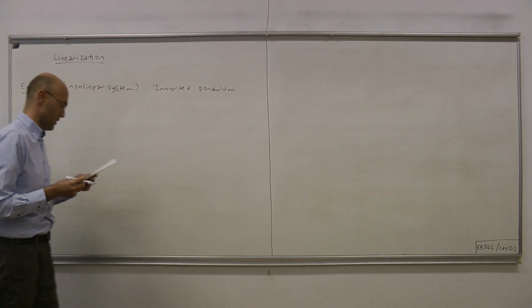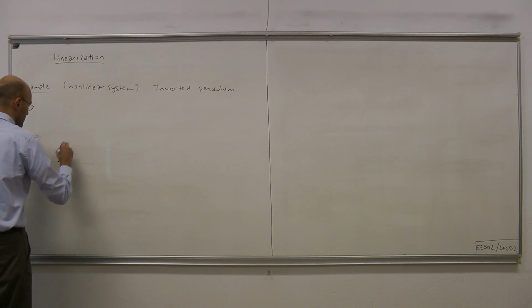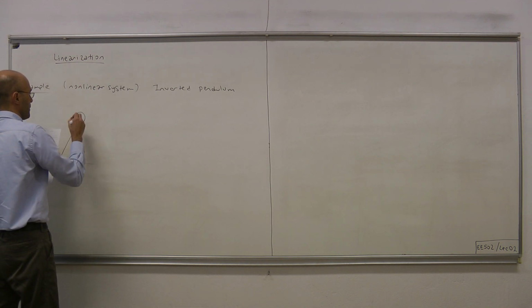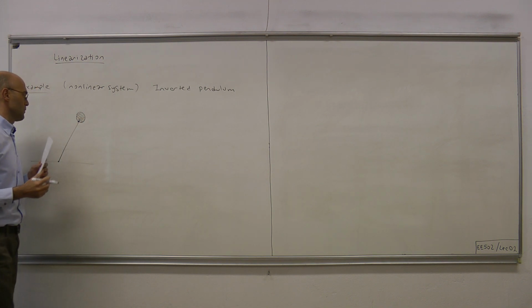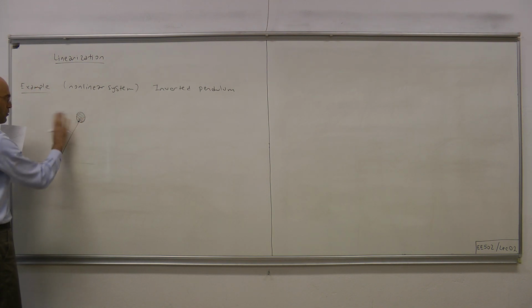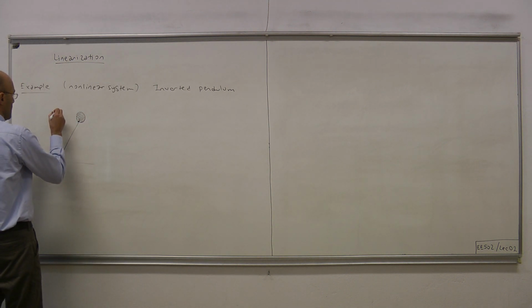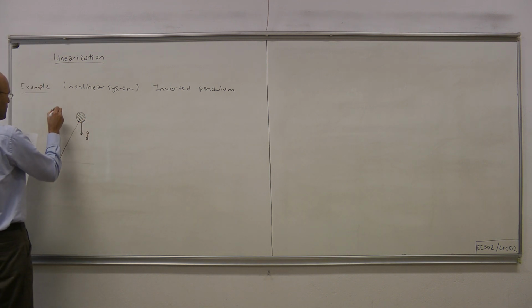Inverted pendulum. Namely, we have some weightless rod with a mass attached on top, and there's a pivot here. It can move to right and left, and this is the direction of gravity, G, and this is the vertical line.